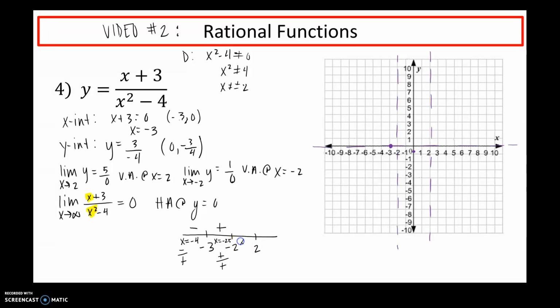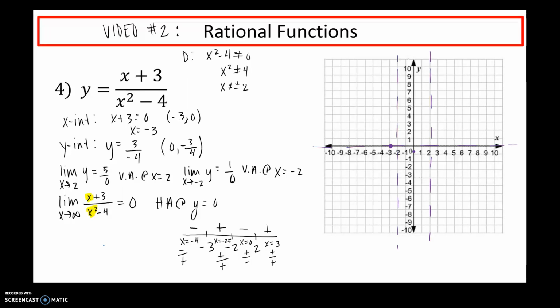Between -2 and 2, I'm going to test 0. 0 would give me a positive number over a negative number, therefore making my interval negative. And bigger than 2, if I were to test 3, I get a positive over a positive, therefore making my graph above the x-axis on the last interval. Okay, so now let's just see how this plays out.